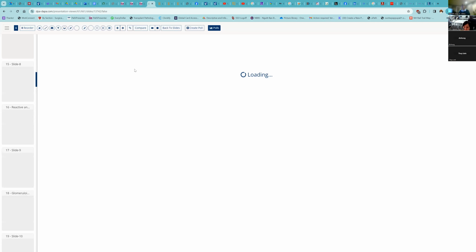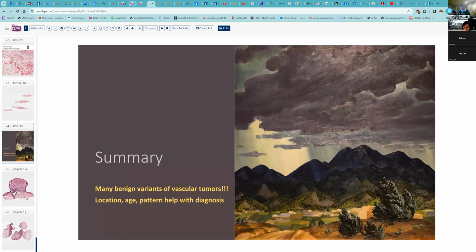Okay, we've got another lesion here. I have a question. I think a lipoblast cell has a nucleus in the center of the cell. Yes, the lipoblasts, they have.